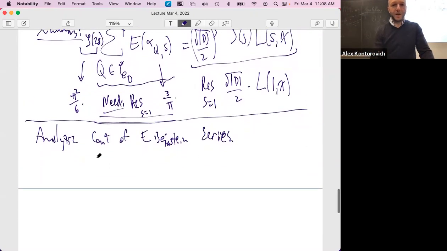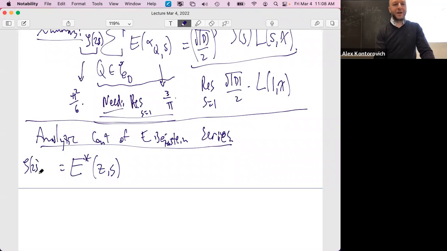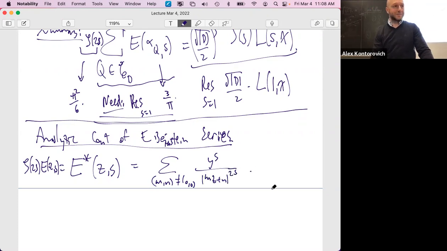It will be more convenient to work with that version, which is zeta of 2s times the other one. If we can continue one, we can continue the other because we've continued zeta already. So again, this is a sum over all integers m and n, not both 0, of y to the s over |mz plus n| to the 2s.